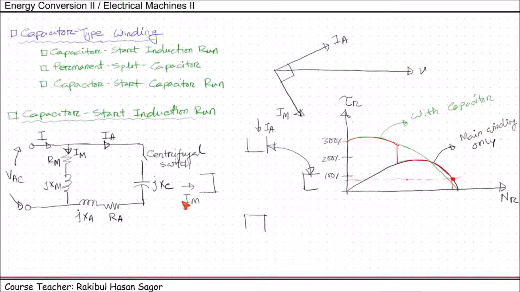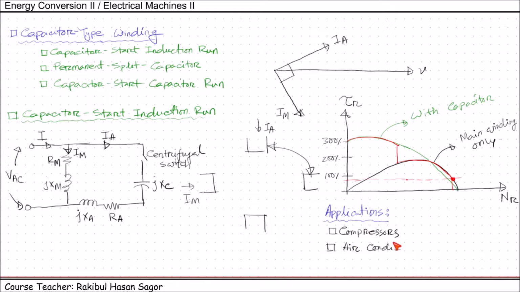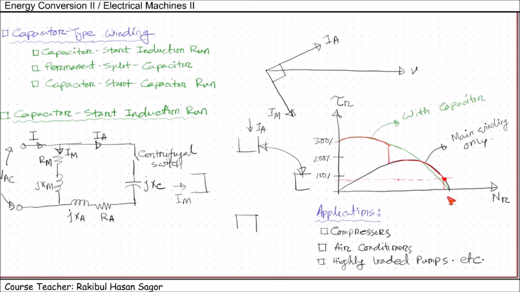Typical applications for such motors are, let me write the applications: compressors, then another application is air conditioners, in some cases highly loaded pumps, etc. Here this point is ns, that is synchronous speed.